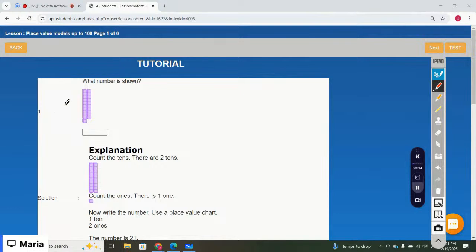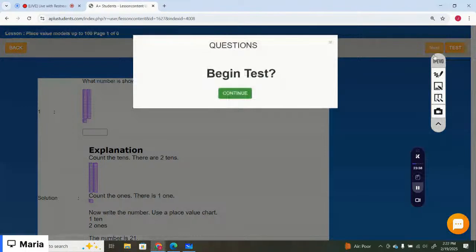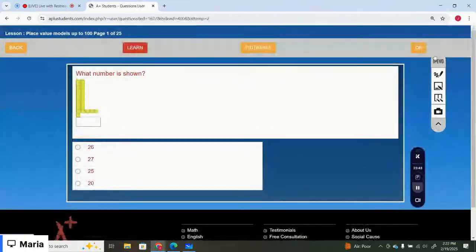This bar has 10 small squares, so the line represents tens. You have one, two lines, so we have two tens. And we have a single square that represents one ones. So together they make the number 21. Let's just start with the test questions.